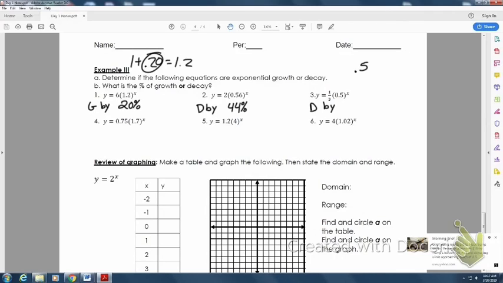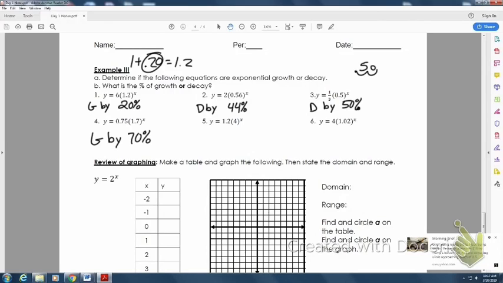So if it's 5, 50. Be careful with that. It's a common mistake a lot of people will make. Mark, number 4, growth or decay. I put growth by 70. Growth by 70%.